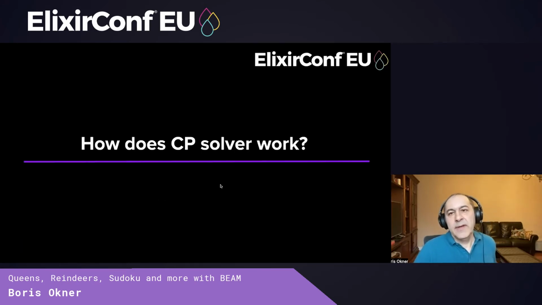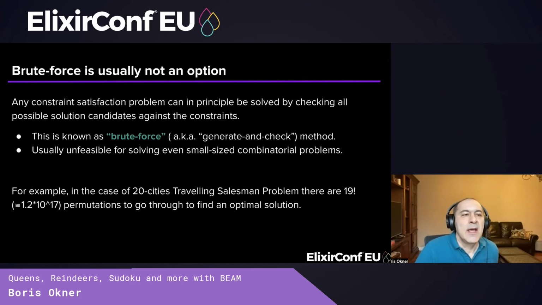Okay, so now that we have an idea of what kind of problems we can solve with constraint programming, the question is, how does all of it work? How does a constraint programming solver do its magic? I have to mention here that brute force is usually not an option for the solution of any combinatorial tasks, and definitely the solver does not do brute force.